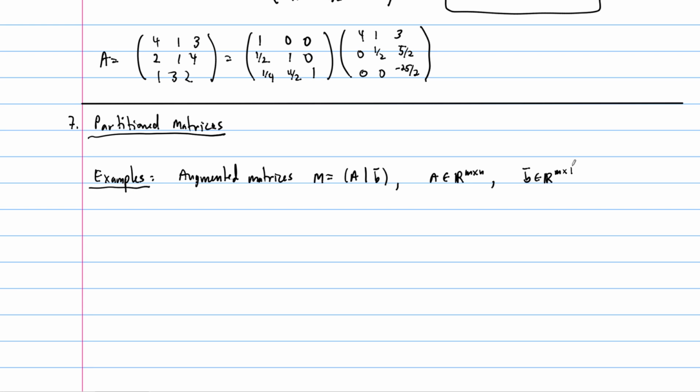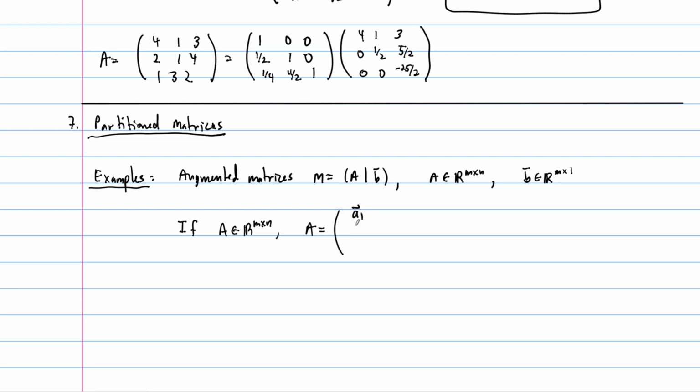Now, with this kind of partitioned matrix, we didn't actually use it to do anything that we hadn't already done, right? But we've seen other examples as well. So here's another example. If A is an m by n matrix, then we talked about how we can write A as a column of its rows, right?